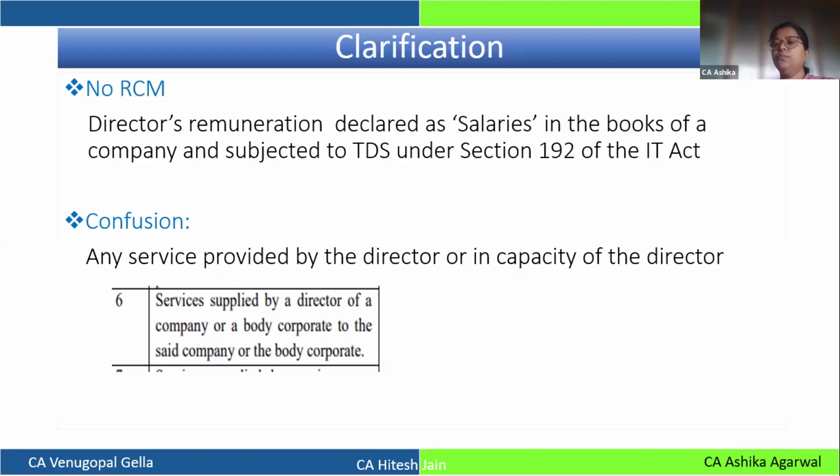So even though it is not in the capacity of the director, various demands have been made right and left saying that here it is just said service supplied by director, not in what capacity, therefore you are liable. However, it has now been clarified, only what is provided in the capacity of the director would be liable under RCM and not in the personal capacity. So this is what we wanted to say for director service.